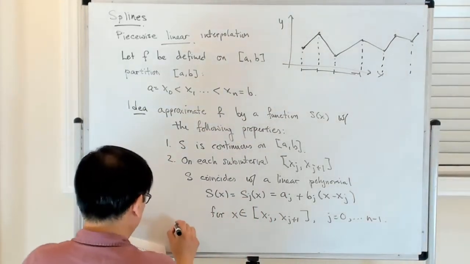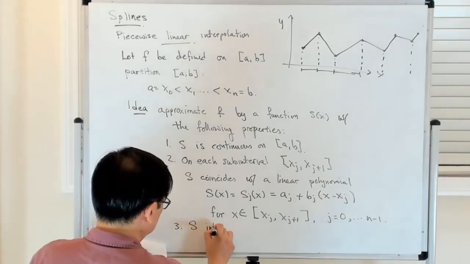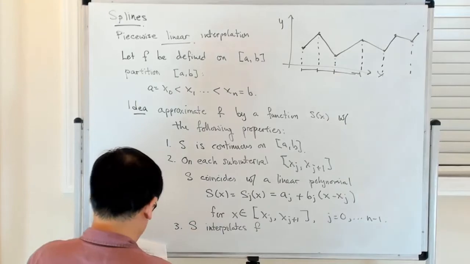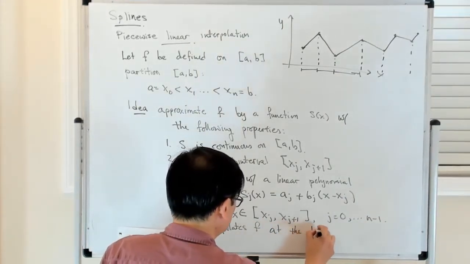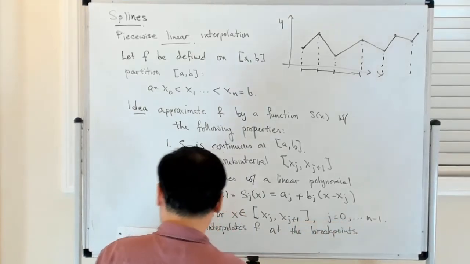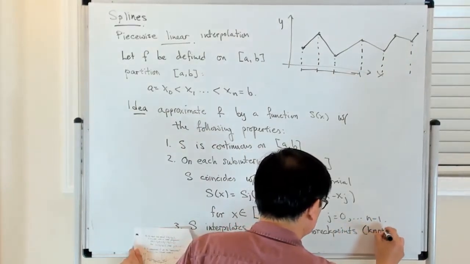Okay, and the third property is that s interpolates f at the breakpoints, sometimes also referred to as knots or nodes.